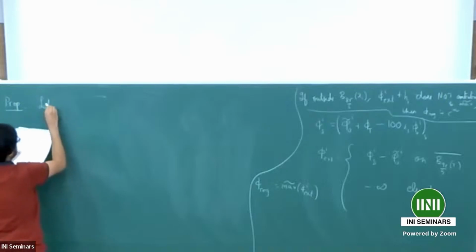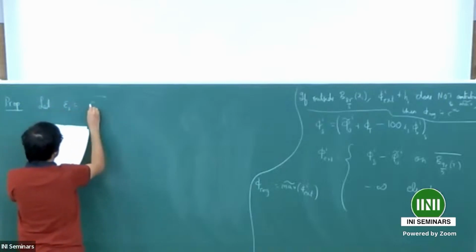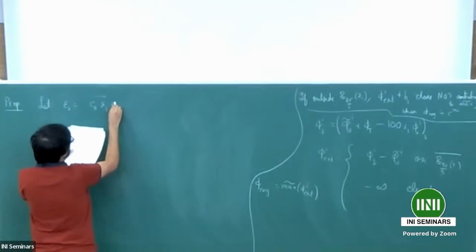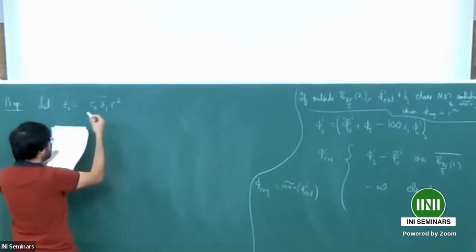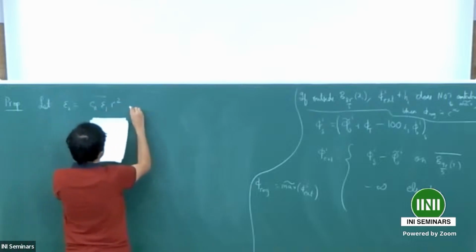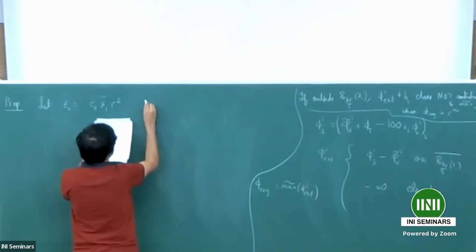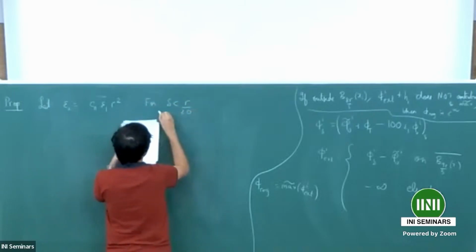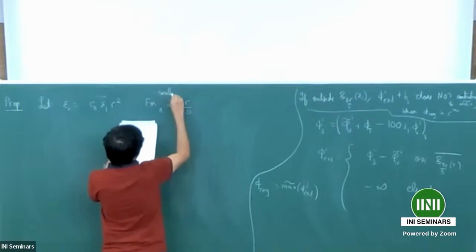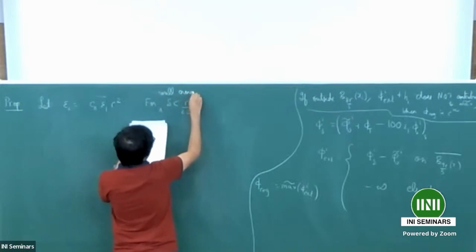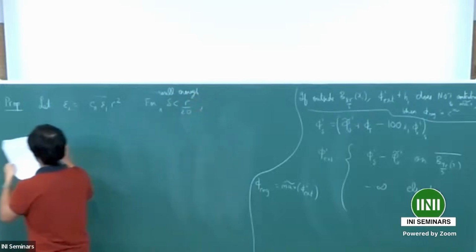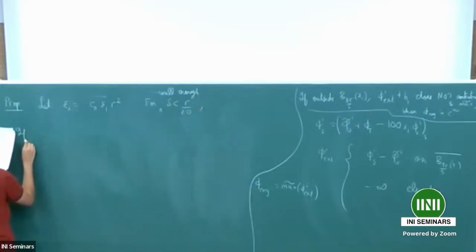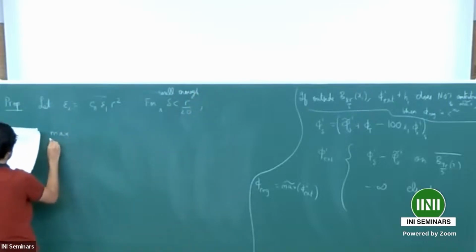Let C be some constant that just depends on n. I won't write down what it is. For delta less than r over 20, the following holds.